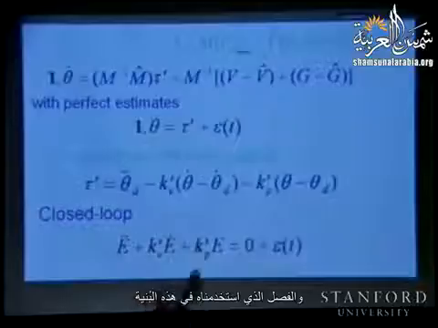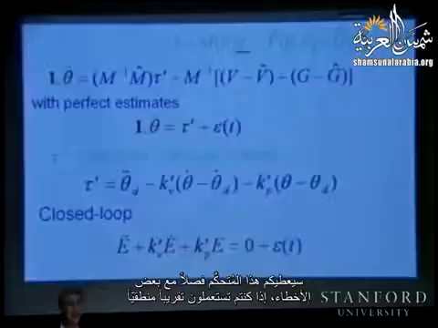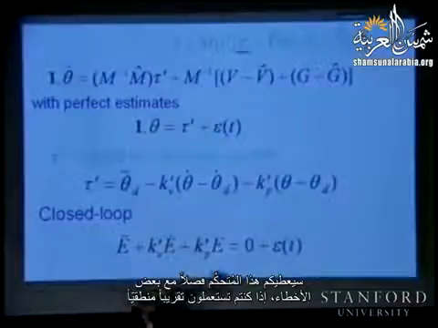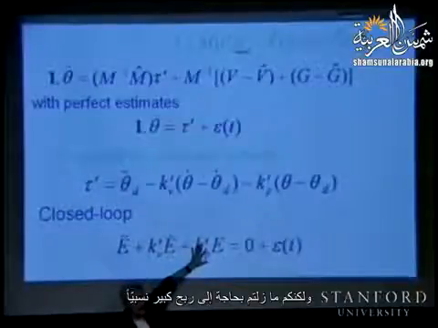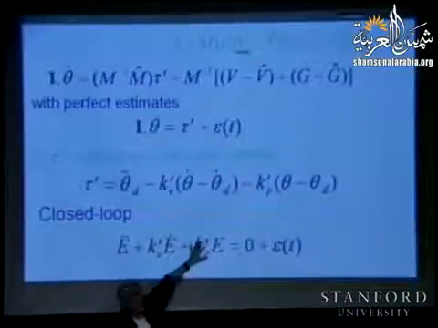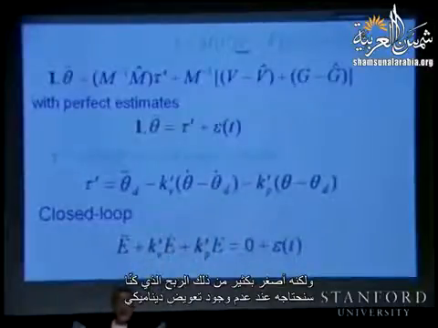So this controller, as long as your estimates are reasonable, is going to give you decoupling with some errors, and you still need relatively large gains, but much, much smaller gains than would be needed without any dynamic compensation.